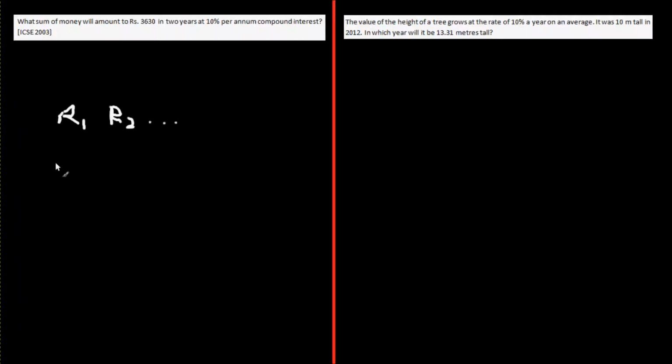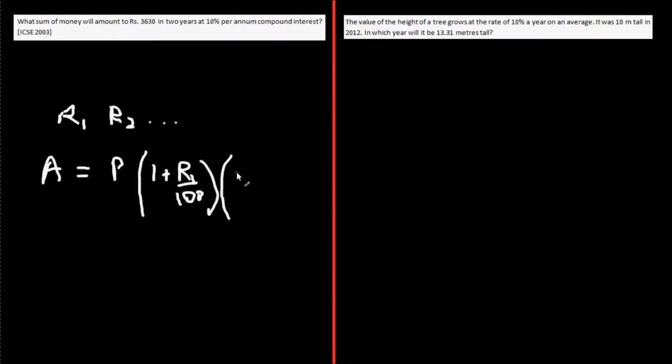Then the amount is equal to P into 1 plus R1 by 100, multiply this by 1 plus R2 upon 100, and then just go on till whenever needed. And note that the powers are all 1 here, so there's no power you need to write, since they're all fixed time periods.